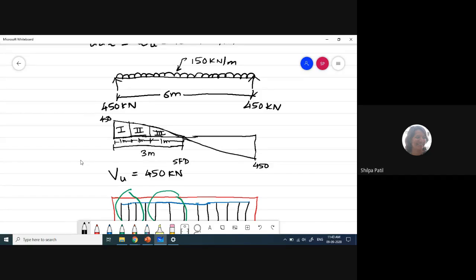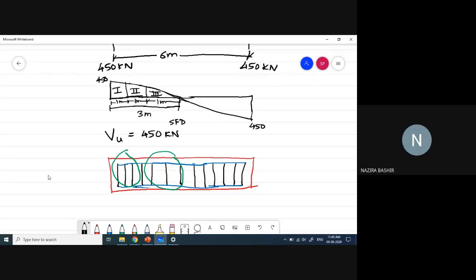So I'm dividing half the length of the beam into 3 parts, zone 1, zone 2, zone 3, and we will go on designing each zone separately for shear reinforcement. Is it clear to everybody? Any doubts? No, ma'am.